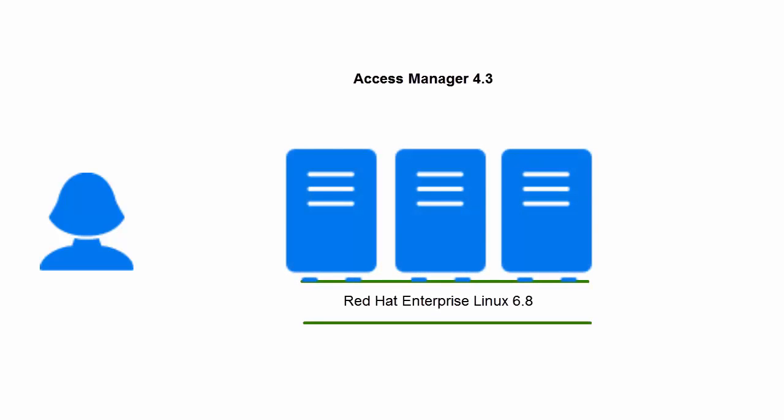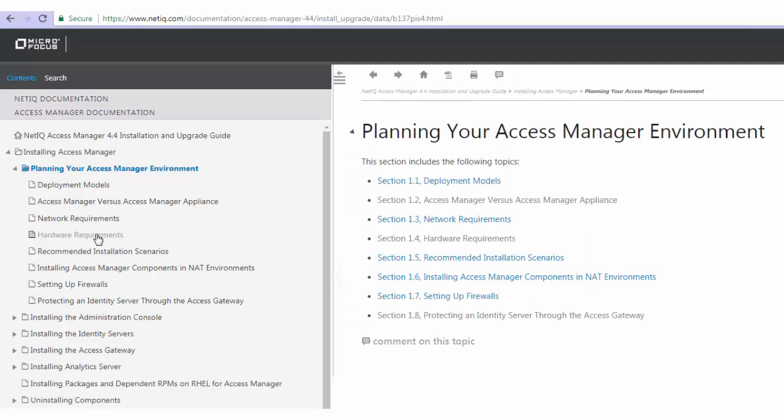Now, suppose the administrator is using Access Manager 4.3 on an RHEL 6.8 platform and requires to upgrade the platform with Access Manager 4.4. In this case, we must check the supported operating system. To check the supported operating system, refer to the Hardware Requirements section in the Install and Upgrade Guide.